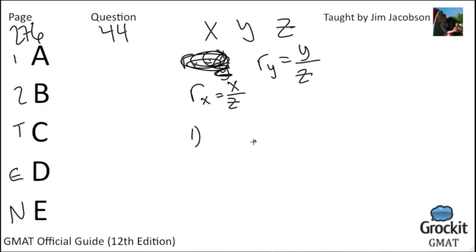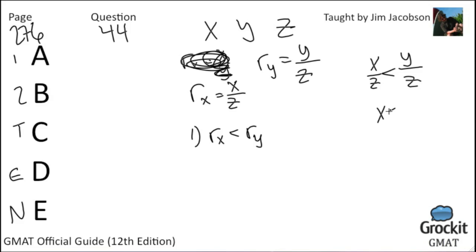Statement 1, we know that our R sub X is less than our R sub Y. So what that means is that X over Z is less than Y over Z. We could multiply both sides times Z. They're all constant rates, so we know we're not multiplying by a negative number.